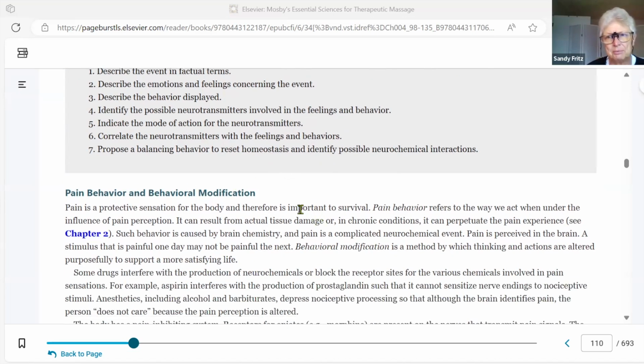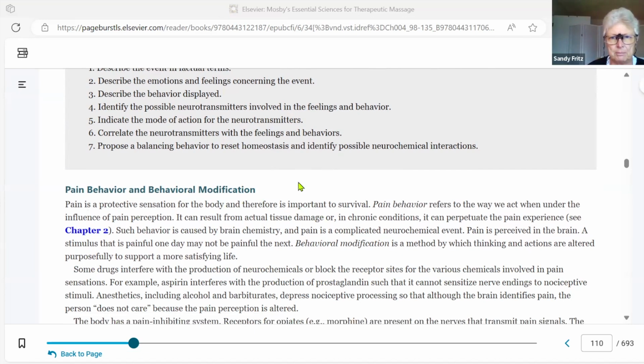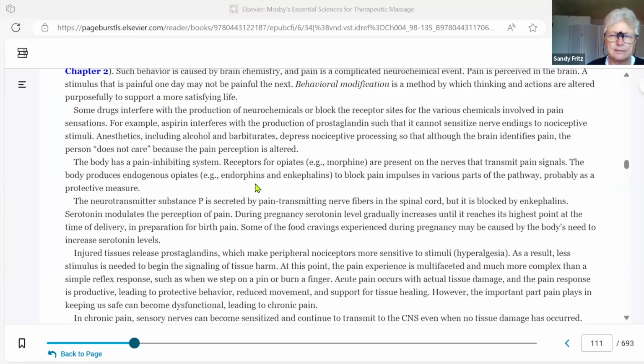Also, primarily through the nervous system and the endocrine system, we have pain behavior and behavioral modifications. So this is the ongoing awareness of how our body creates pain, what is the advantage, when it becomes out of whack, and what we can do to work with appropriate pain, functional pain, productive pain, and then how we can change the neurochemical response around chronic pain.